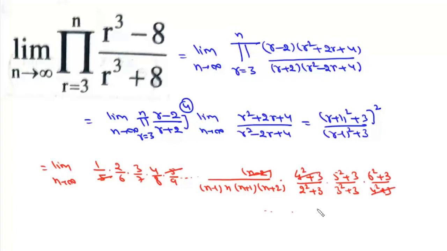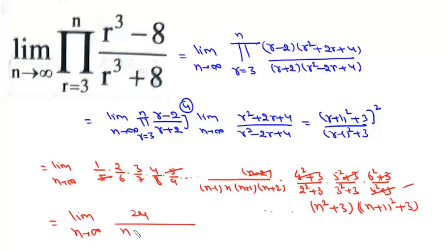So in the end, we'll have n square plus 3 and n plus 1 whole square plus 3, and all those terms will cancel. So we'll get this as limit n tends to infinite. Now this is 24 upon n square minus 1, n plus 2, and here it is n square plus 3 and n square plus 2n plus 4.